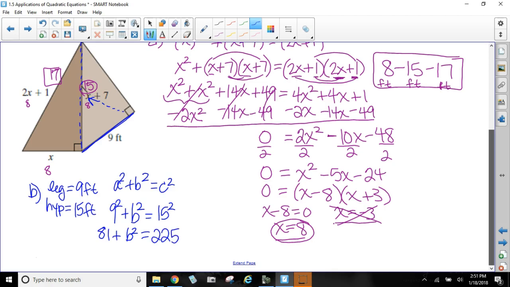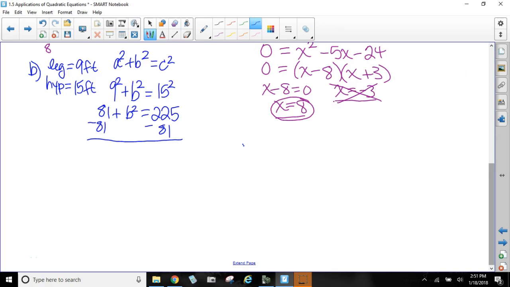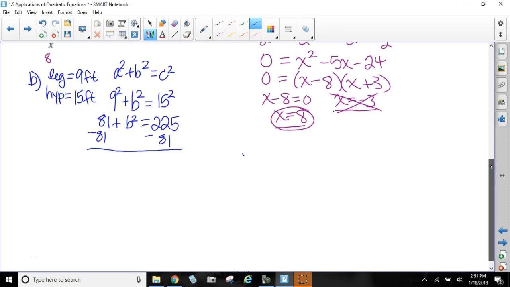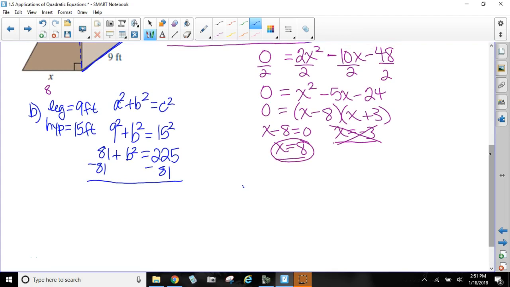225. Here I'm going to subtract 81 from both sides because now it's just a matter of using a little bit of algebra to solve for the unknown leg b. I'm going to extend the page here. There we go. Okay. So I've got b squared is equal to 225 minus 81, and that is 144.